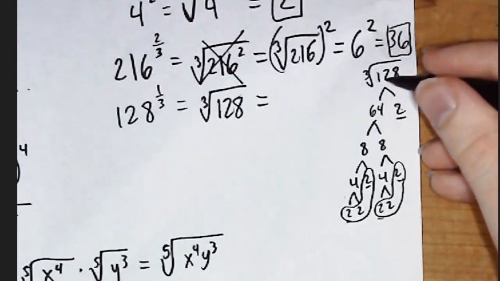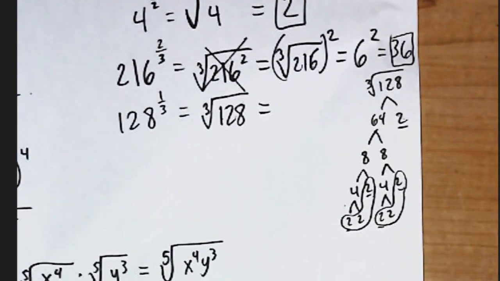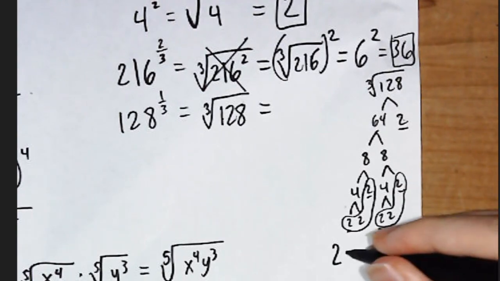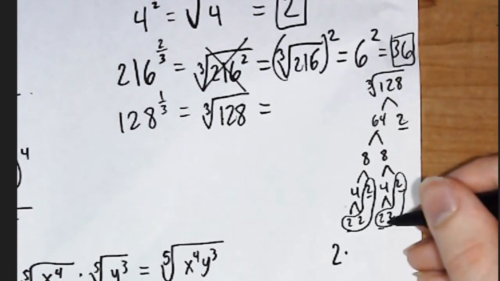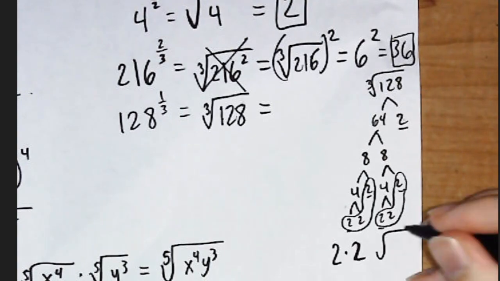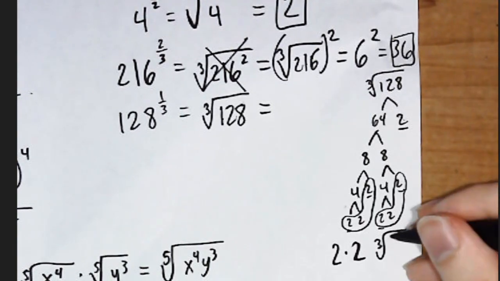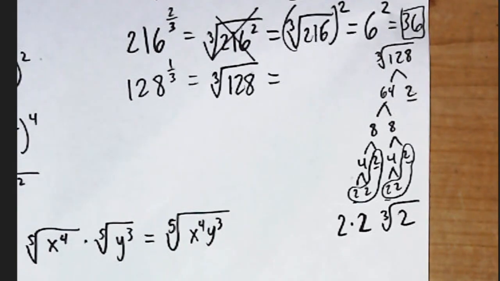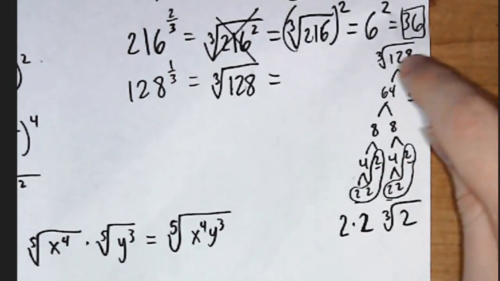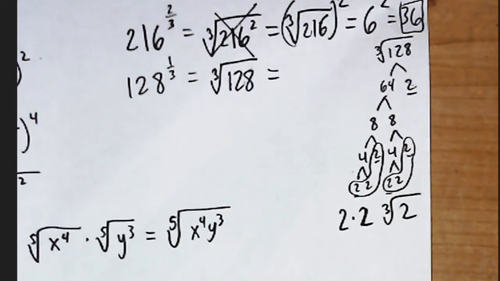Now, because we have two groups of three 2's, we're going to pull out a 2 for this group of 2's, times a 2 for this group of 2's, times the cube root of whatever's left. In this case, that's a single 2. Now, if you're wondering why we pulled out a 2 and not an 8, 2 times 2 times 2 is 8, and the cube root of 8 is regular 2.